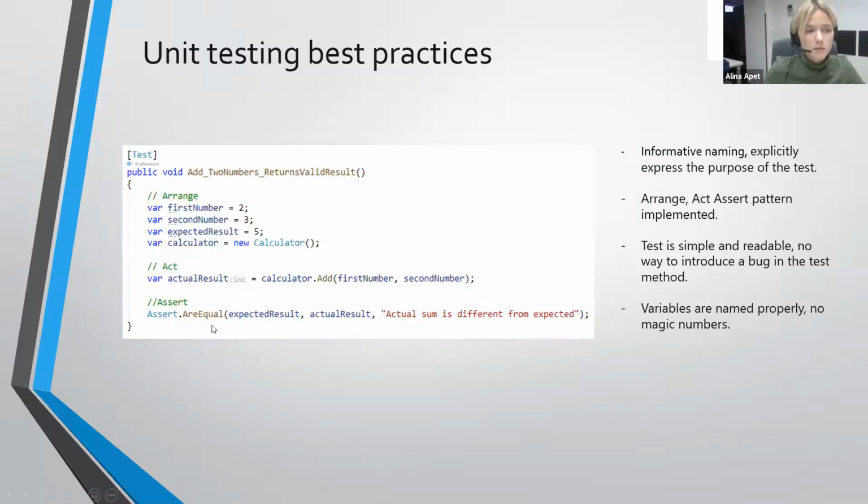At this method call, you may see that we pass the parameters expected result, actual result, and this string is the error message, because it will be shown to us in Visual Studio, or maybe included in some reporting tool, and we will know straight away why our tests failed. So it's very useful to use.